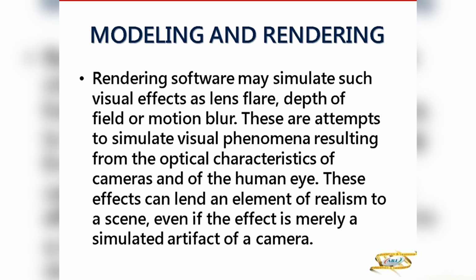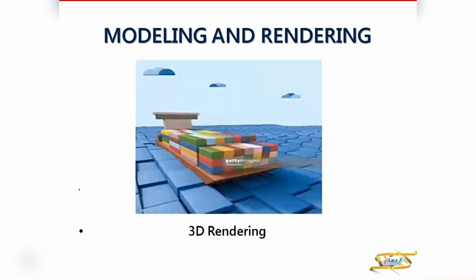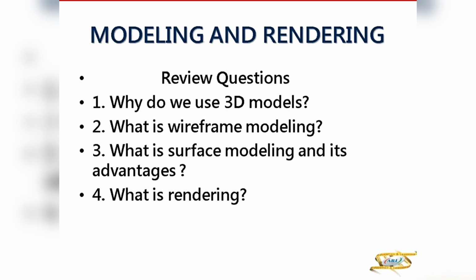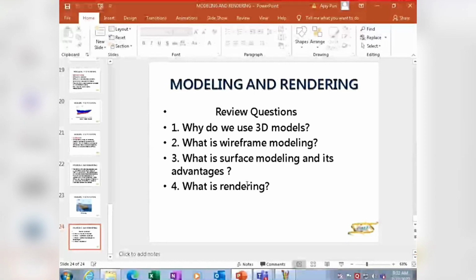So that is how the effect of realism is done with rendering. These effects can lend an element of realism to the scene, and the simulation is basically of camera effects, but it looks like it's real. So that is your 3D rendering. Just have a video of it.